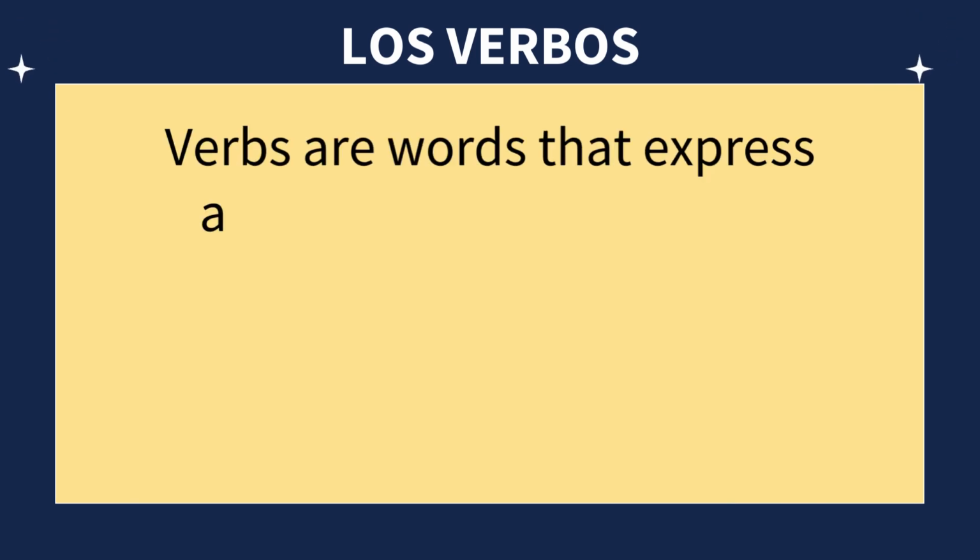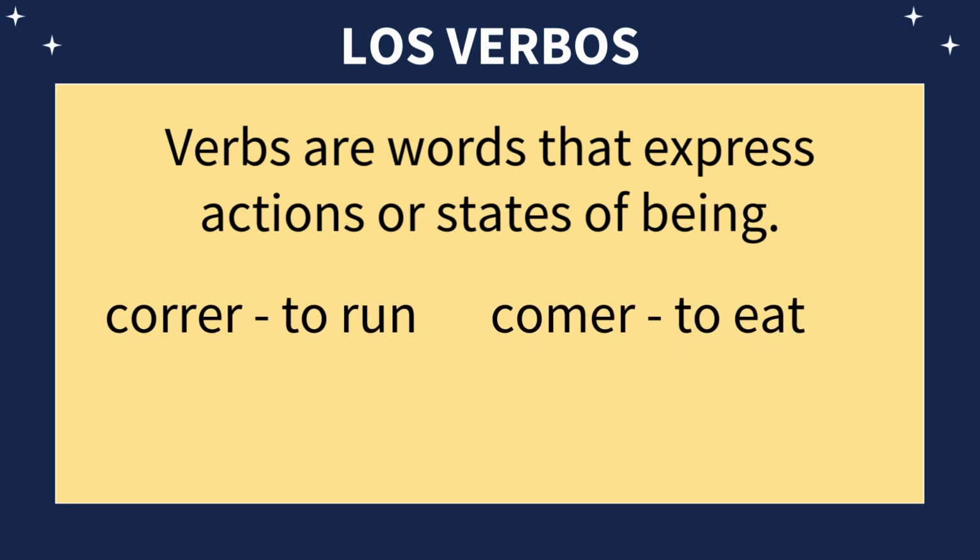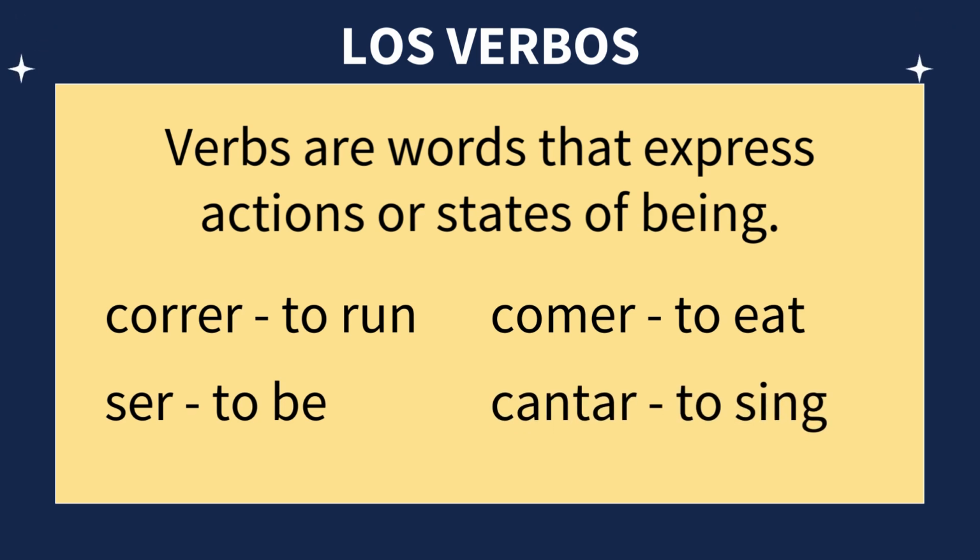The next category are verbs. Los verbos. These are words that express actions or states of being. For example, correr, to run, comer, to eat, ser, to be, cantar, to sing.